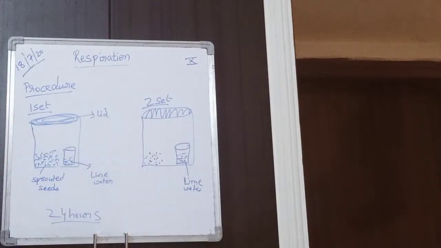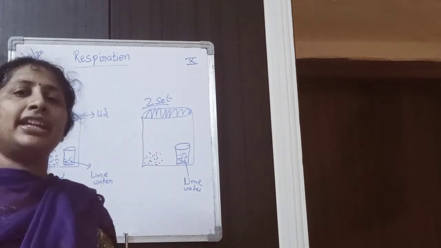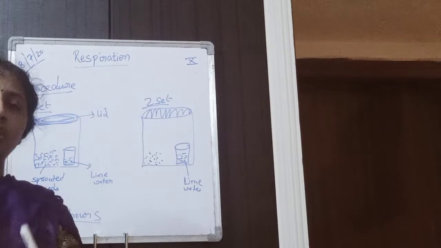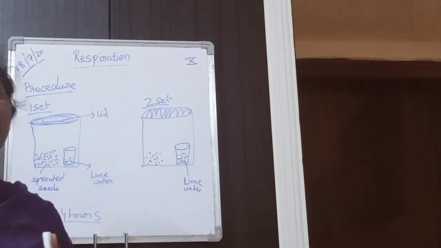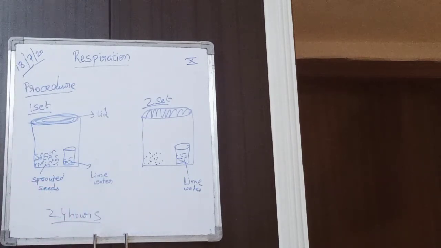In this way you can say that respiration occurs in plants, and the plant also uses oxygen and releases carbon dioxide. This is proved by the moong dal or Bengal gram seeds experiment.